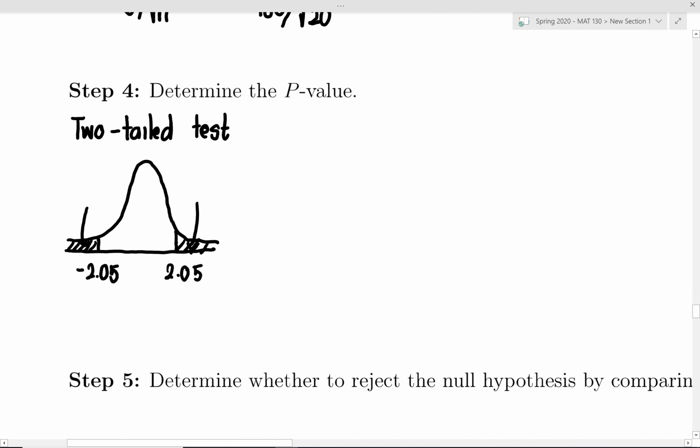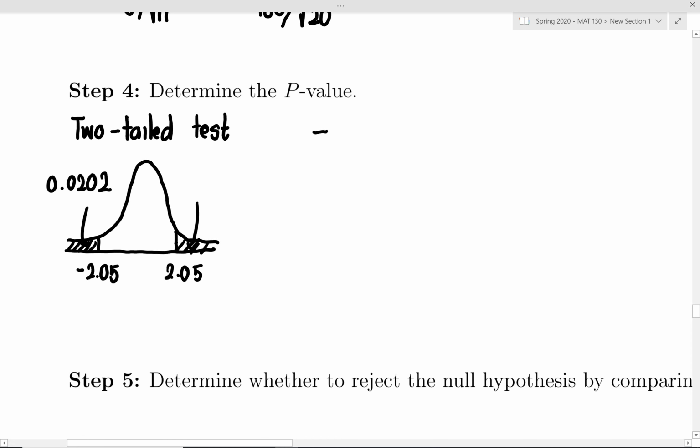To find this area, we're going to look at the z-table. Sorry, I don't have that loaded up. But if you look at the z-table for z equal to negative 2.05, you should see that the area to the left of negative 2.05 is 0.0202.